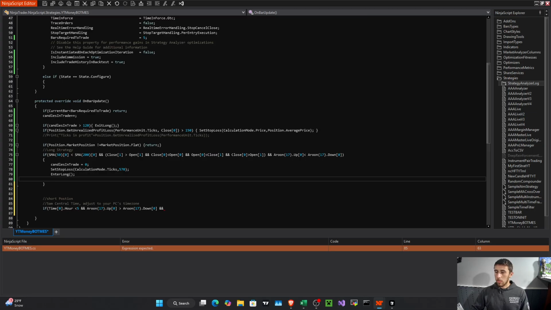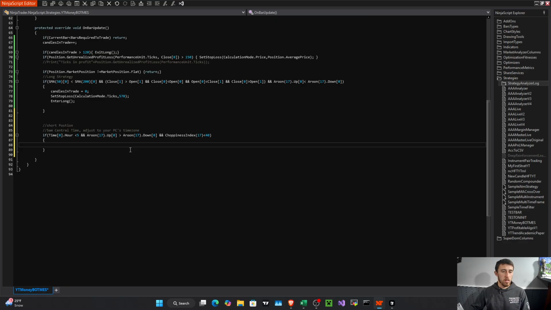And then signal 81 going to be choppiness index 17 period less than 40. And that is our short logic.